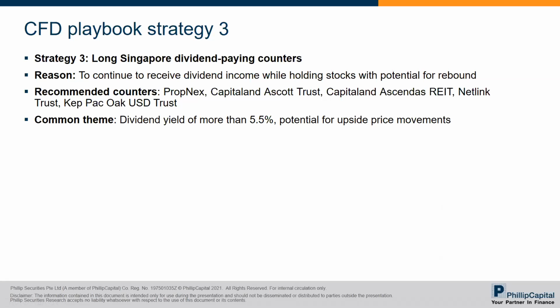And also we will look for counters with a potential for upside price movement. Counters that fulfill these two selection filters will be Propnex, Escort Trust, Ascendas REIT, Netlink, and possibly Keppel Pacific Oak. This one I'll talk about later.